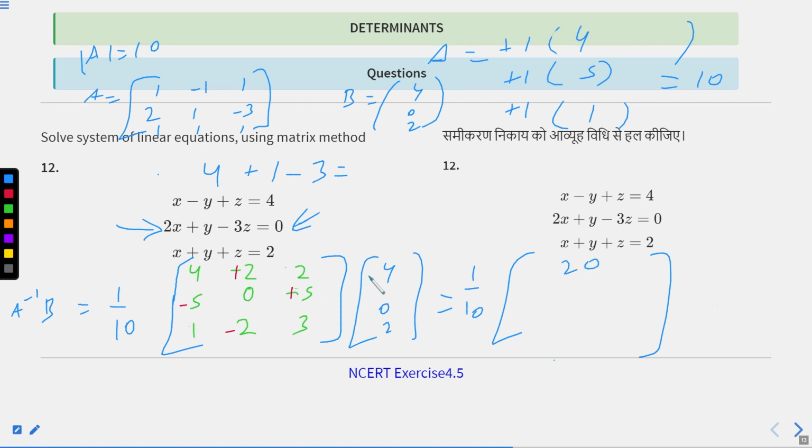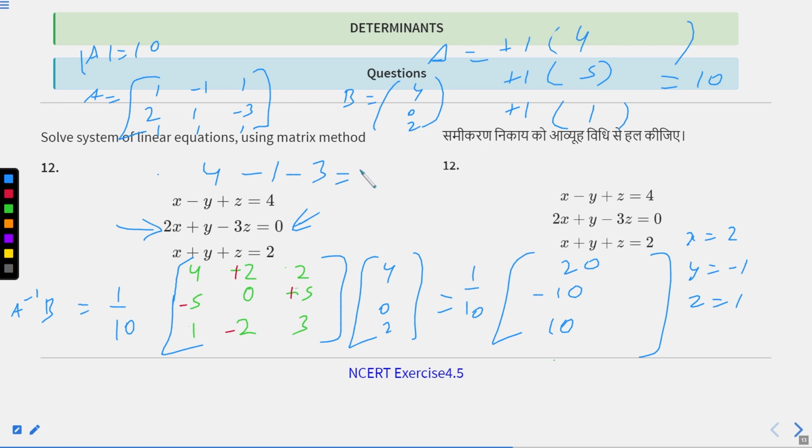Now 5 multiplied by 4 will be minus 20, and you will have plus 10, this will be minus of 10. Now 4 and plus 6 will be 10. Now you have your x value 2, y value minus 1, z value 1.